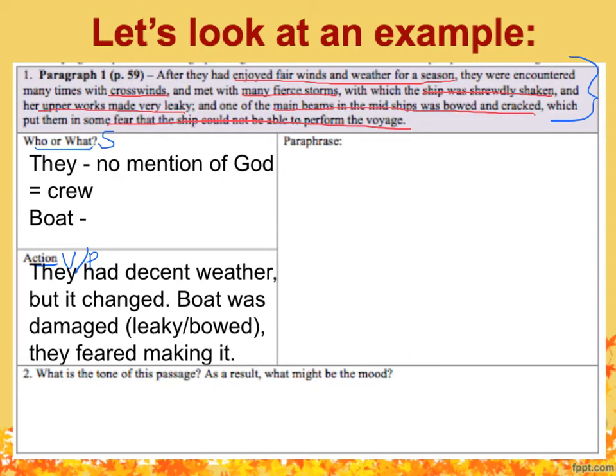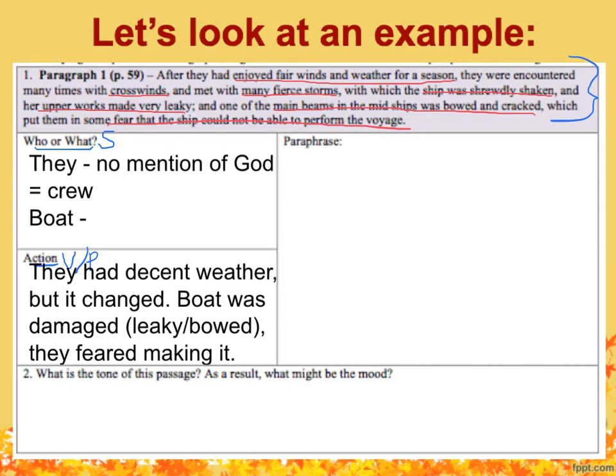So as we close, I just kind of want to reiterate and point out a few things. First of all, in my who or what, I asked myself, who or what is doing something? Who or what is this about? And in Puritan plain style, most of the time you'll have more than one thing. Next, I went to my action. What about my subject? So when I say who, what about who? Or what about the what? What actually happened?